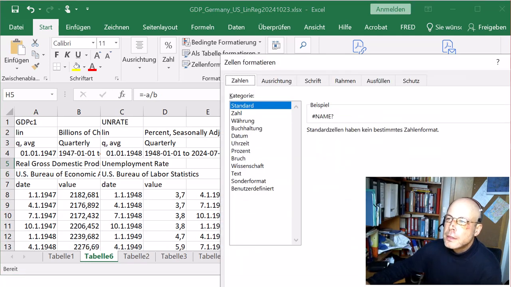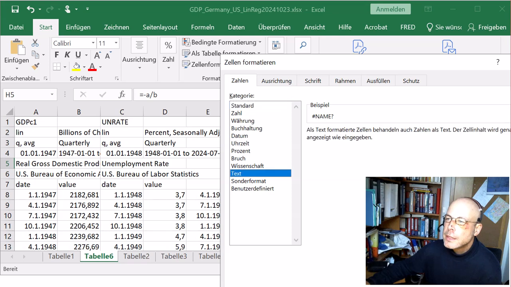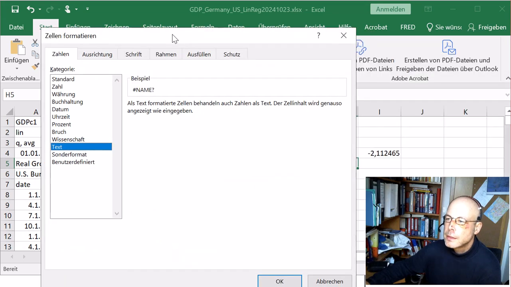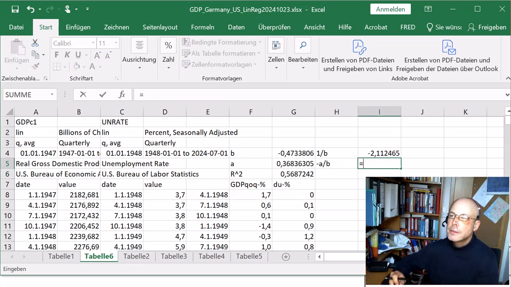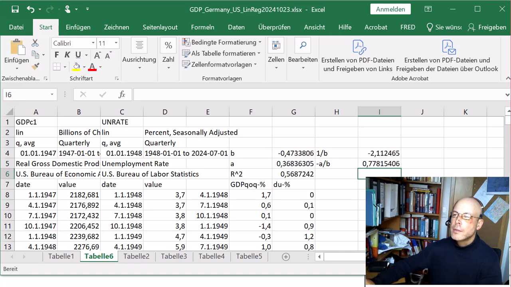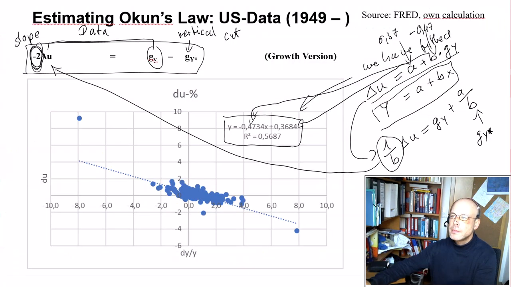Not standard, but text. And now I can remove this equality sign. So this would be then minus a over b. So minus 2.1 and 0.8.